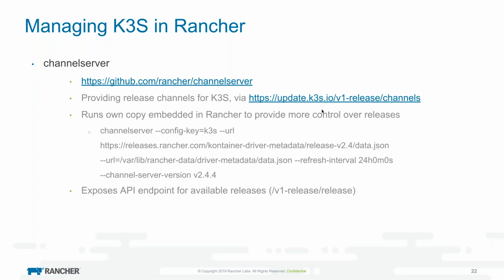Okay, so if we talk about the channel server for K3s, it provides the release channels. Then in relation to Rancher, if we would actually hook up Rancher to this URL, then obviously Rancher has its own release cycle, and K3s has its own release cycle. If we would just hook up Rancher to K3s, even a stable channel, then we don't really have control over what can actually work. We have all those components. We haven't even talked about all of them. We already covered some of them.